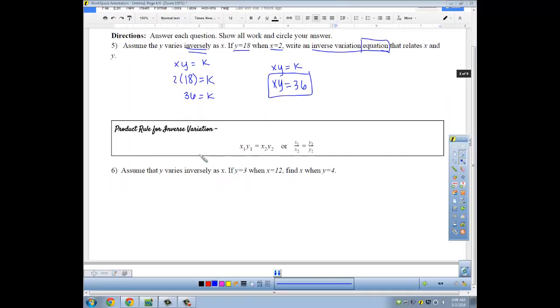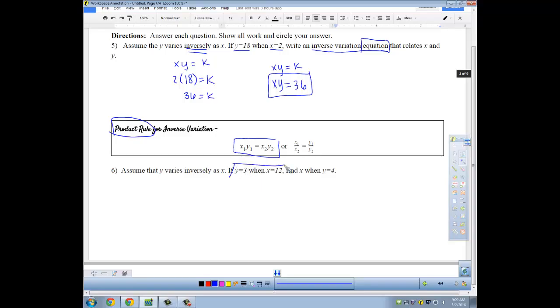Now, we could also do that a little differently with a product rule. So I'm going to use this equation right here. This is saying one coordinate, so one x value and one y value that pair together is equal to another pair or coordinate that pairs together. So we want to make sure that the coordinates that pair together stay together.